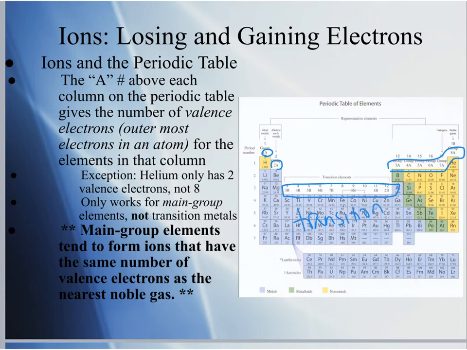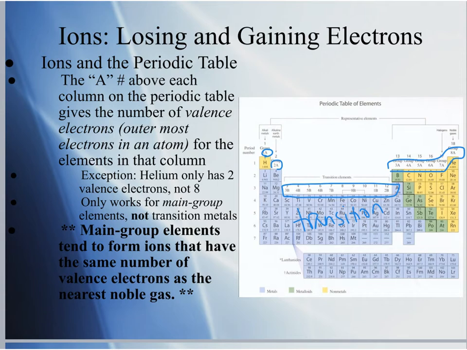So it's important to have this distinction, because remember, the main group elements have predictable properties and the transition ones don't. One of the predictable properties that the main group elements have is the number of valence electrons. The number of valence electrons is the electrons on the outermost ring around the nucleus.